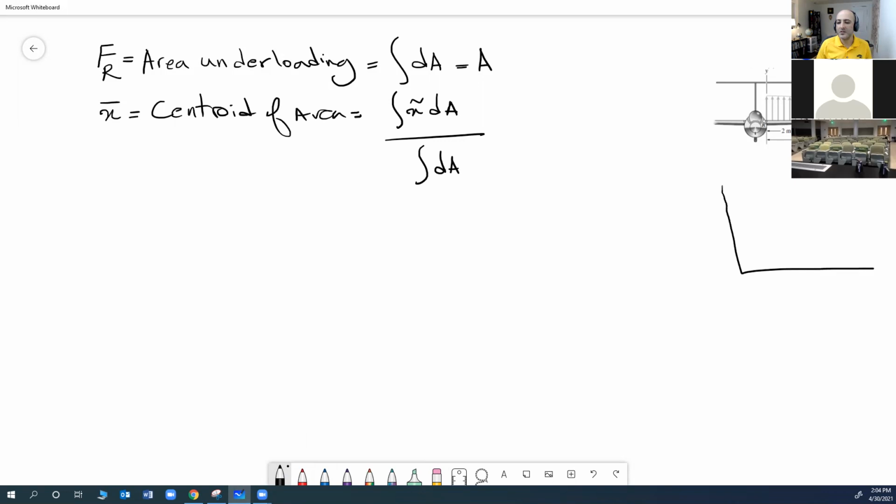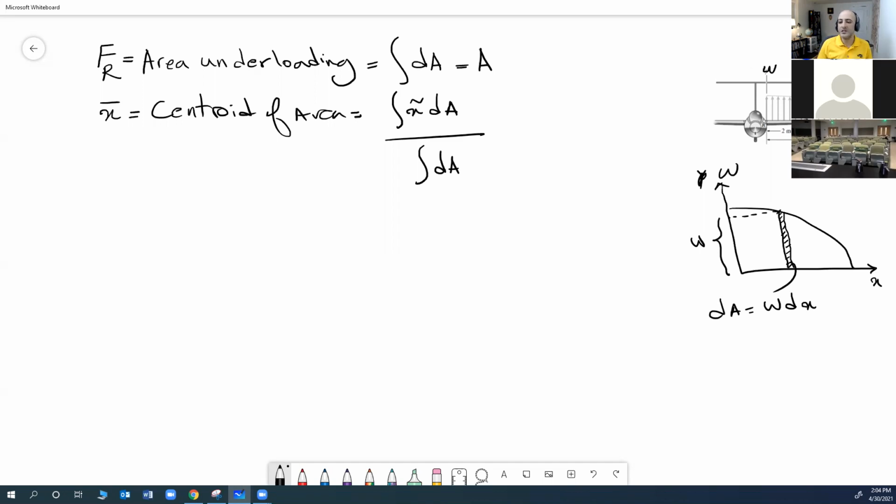If I have this curve here, I'm going to take a little area, just the way we find a centroid. I think we could have called this W. Let's call this W, and this is X. So this dA has height W and width dx.